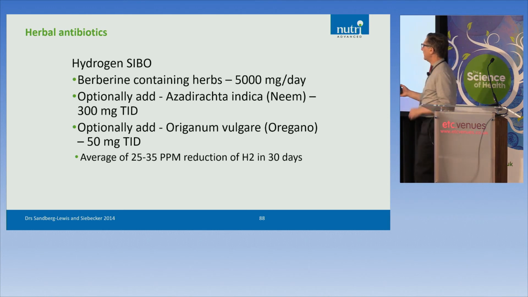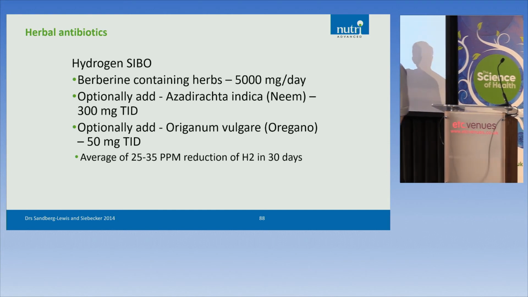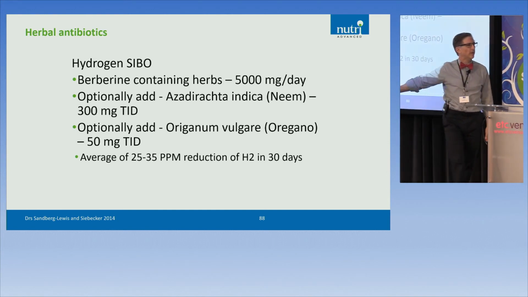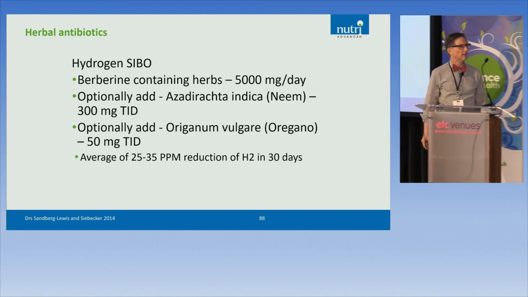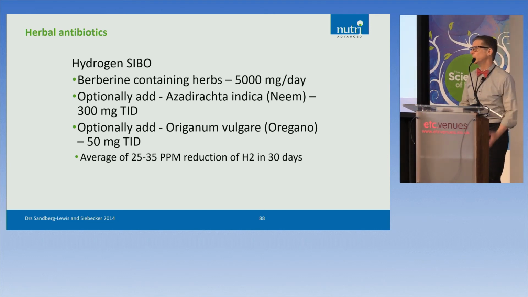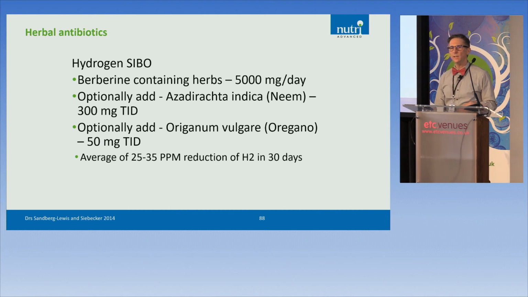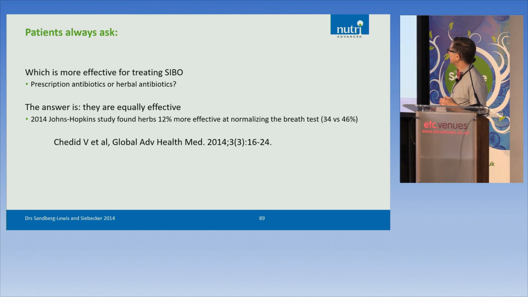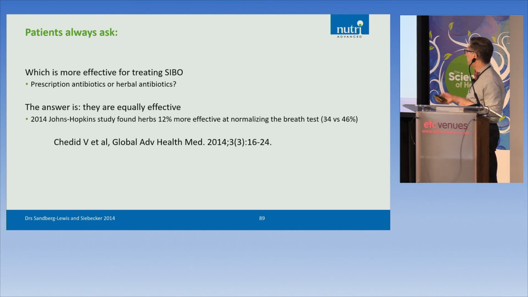What we see is an average reduction of gas of 25 to 35 parts per million in a month course of herbal treatment. And that's pretty similar to what we would see with prescription antibiotics for 2 weeks. So it takes twice as long, but I like it a lot. So here's the Johns Hopkins information again. Study by Chadid.